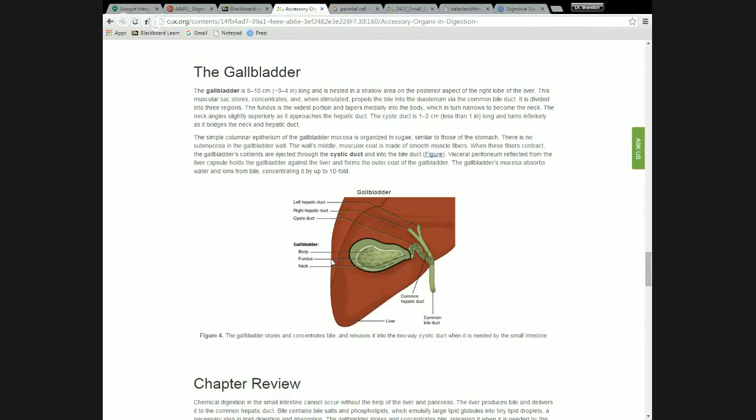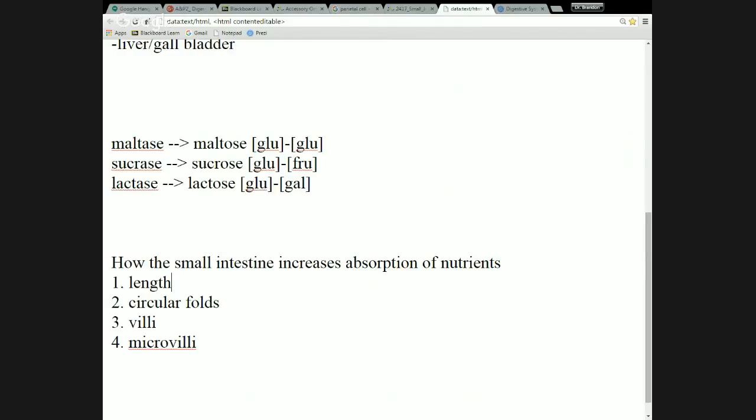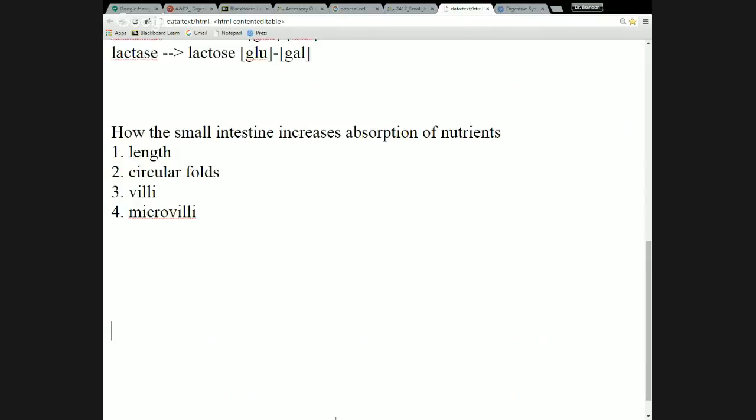The main cause of contraction of the gallbladder is a hormone, which I mentioned briefly earlier, but let me just write down the name here, called cholecystokinin, which is abbreviated CCK. That word literally translates to mean gallbladder movement.